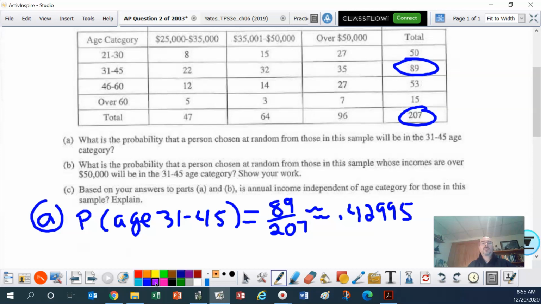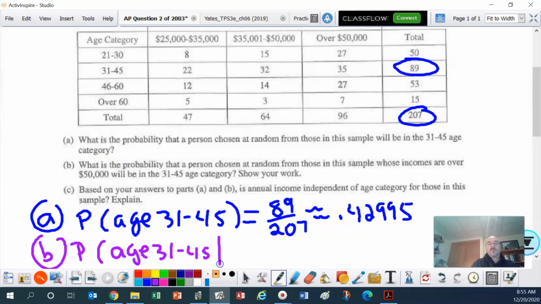B, what is the probability that a person chosen at random from those in this sample whose incomes are over 50,000 will be in the 31 to 45 age group? Okay, this is a condition, folks. So the probability that age is 31 to 45 given income over 50,000.